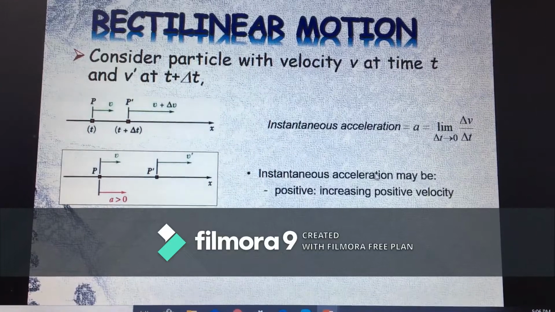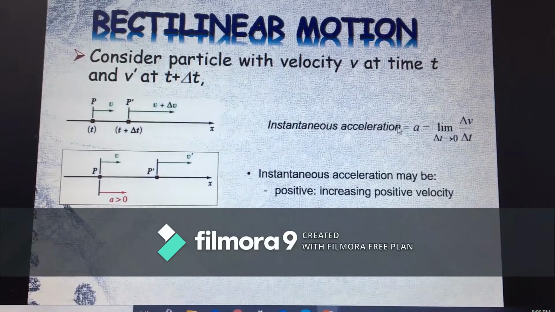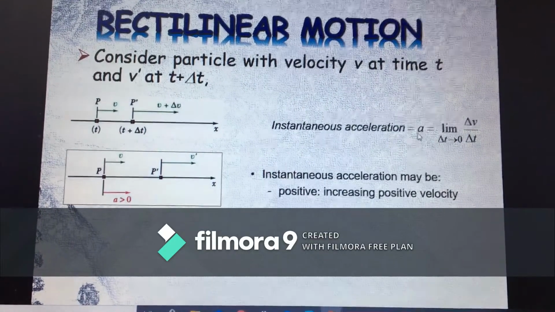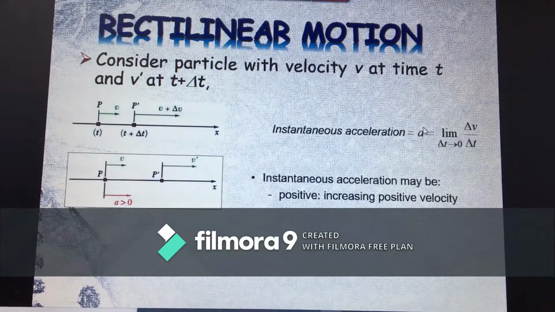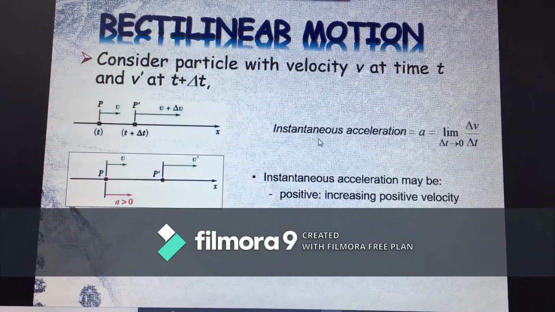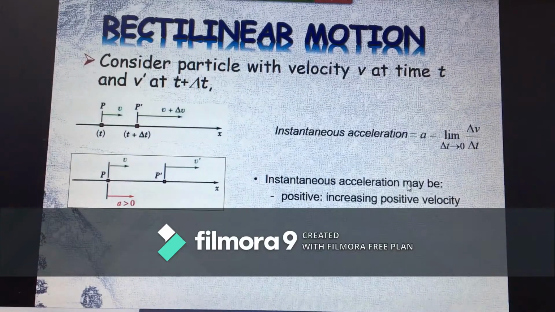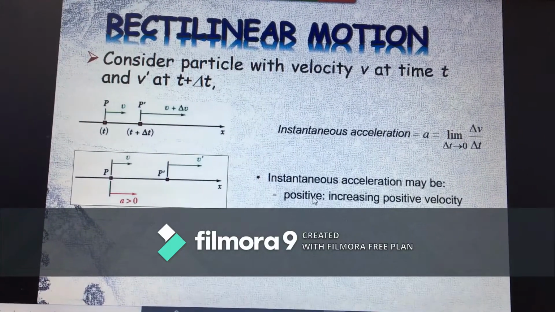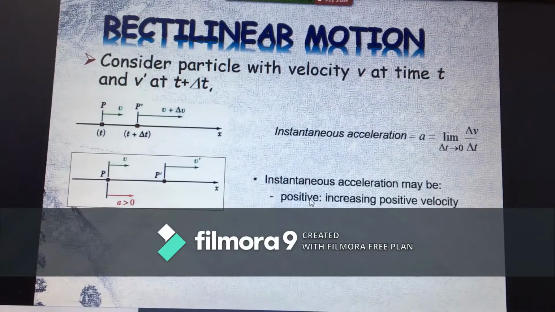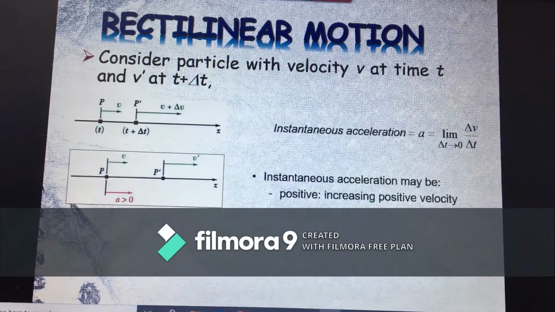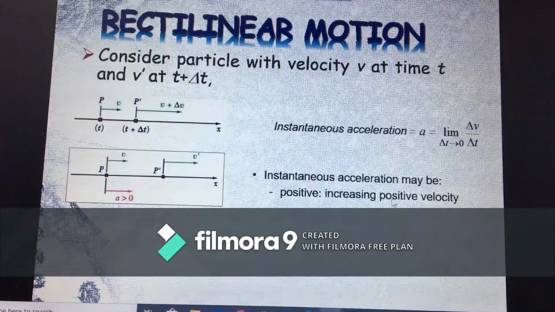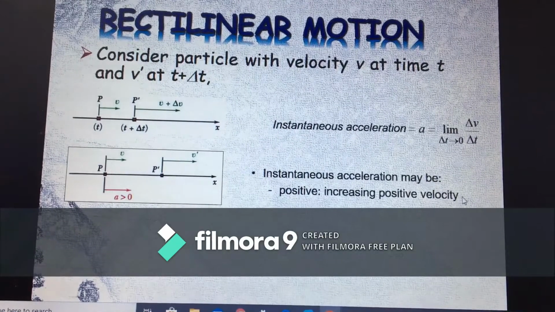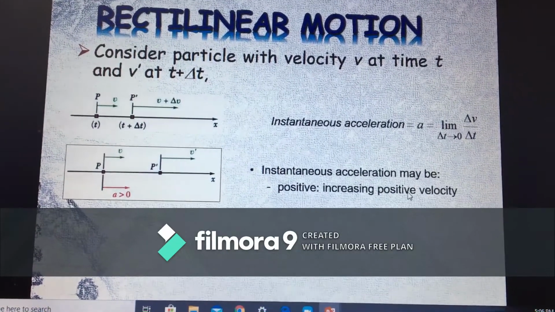The instantaneous acceleration, class, is the acceleration at any time t. The instantaneous acceleration may be positive or it can be negative. So when will it be positive? It is positive with increasing positive velocity.